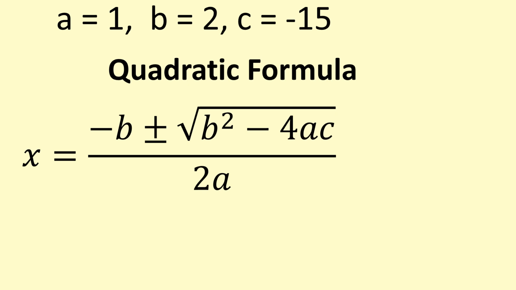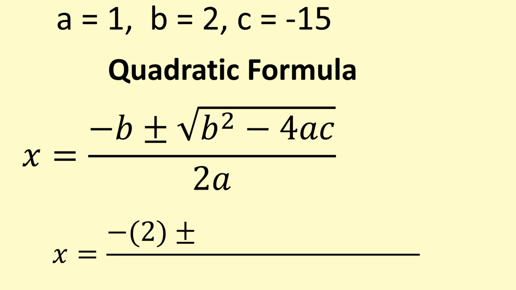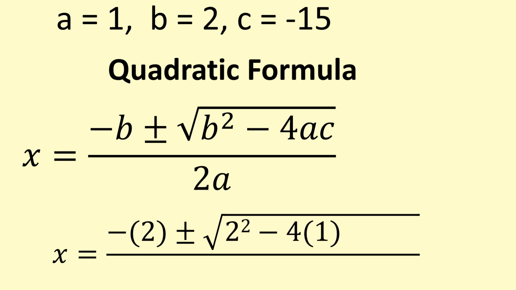Wherever we see b, we substitute and put 2. Wherever we see a, we put 1. And wherever we see c, we will put minus 15. So that will do immediately. So we have minus b, which is minus 2, plus or minus b squared.